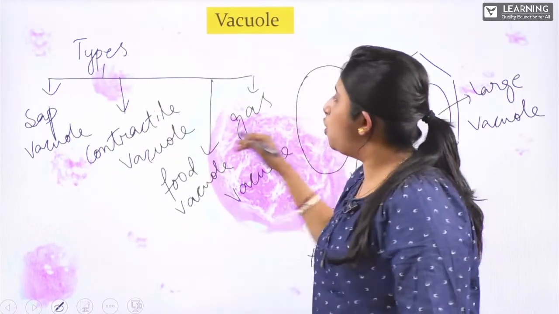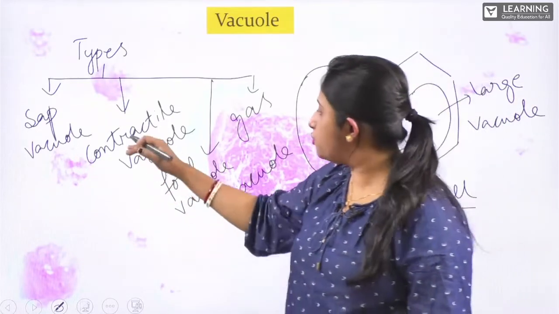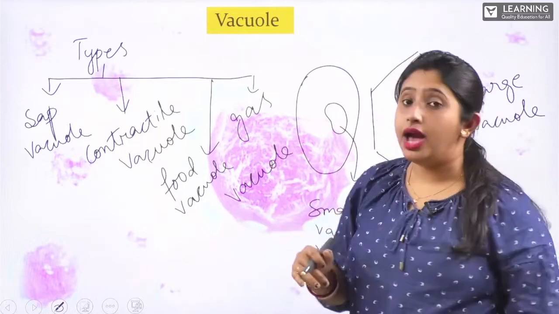So these are the 4 types of vacuole you will find.